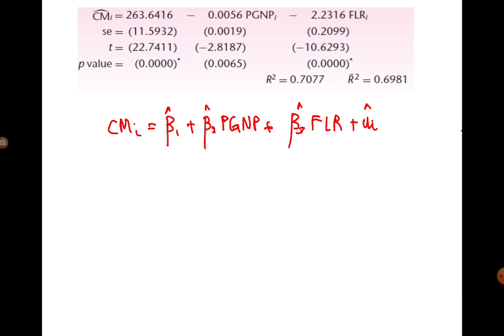You're saying that because the null hypothesis is rejected. So as you can see, all three of the coefficients, beta 1 hat, beta 2 hat, and beta 3 hat, are significant at 5% level of significance.